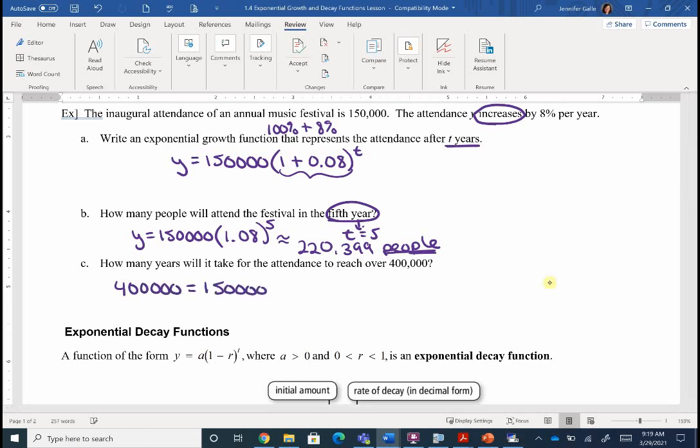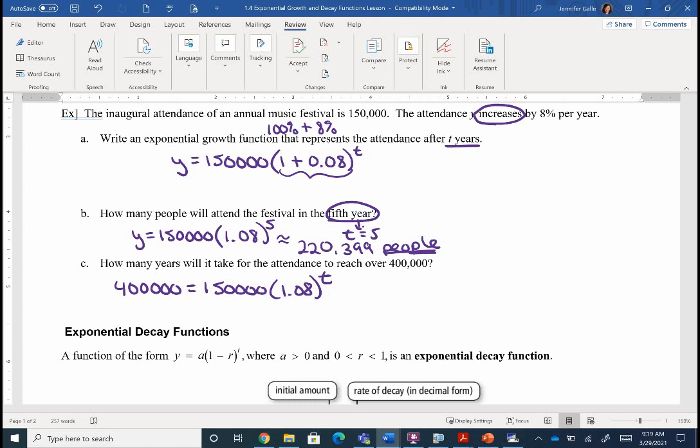And then the piece that's missing is my time. So you have to look at the information you're given. You're going to have the basic structure of the equation. You have to figure out what piece I know and what piece I don't know.